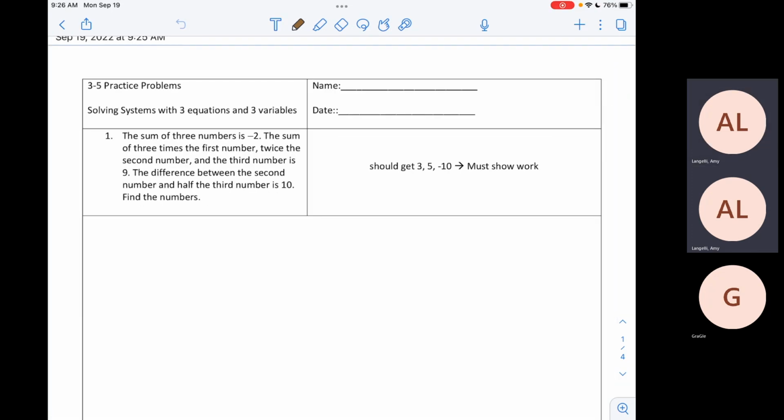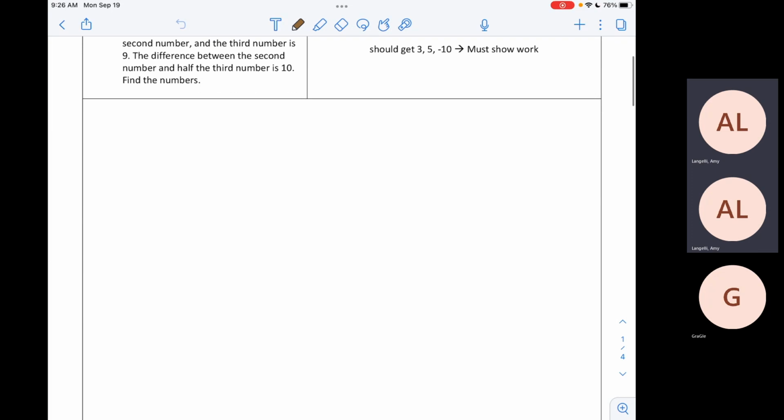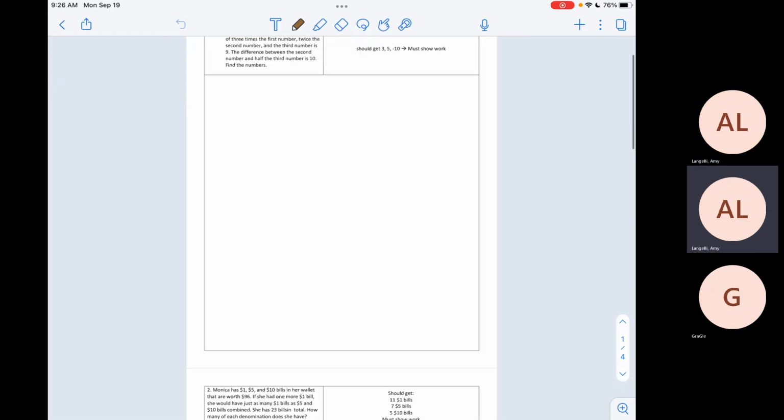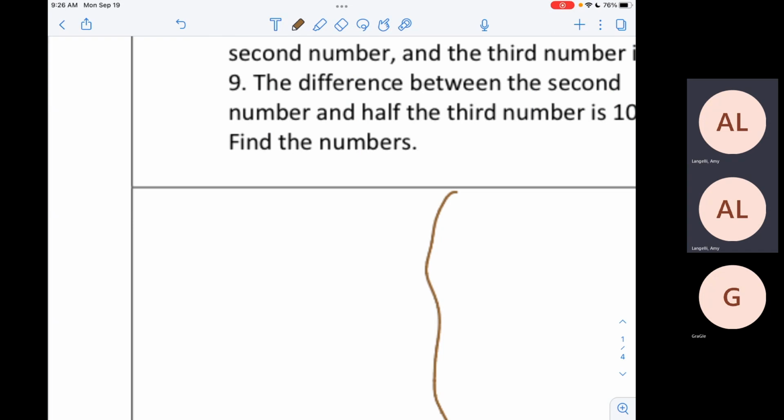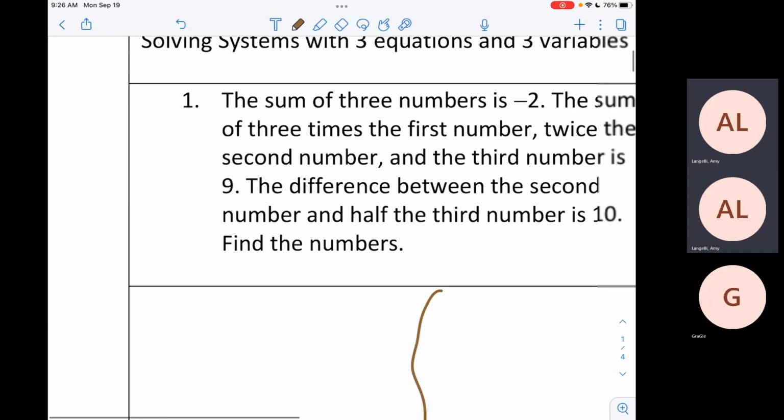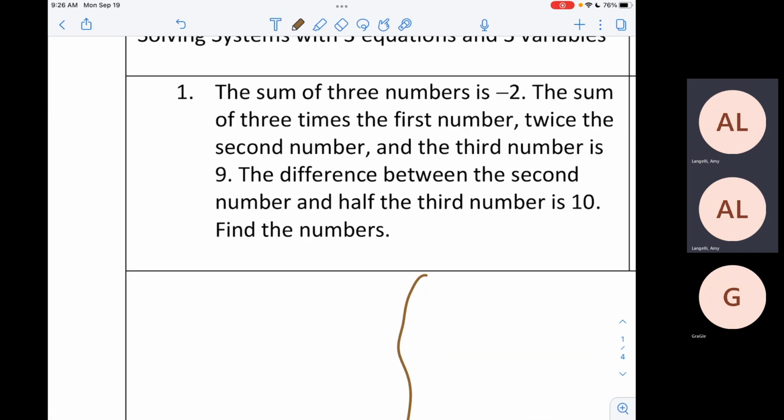Okay, let's draw our 3 columns. Like that. All right. Now, I think that making equations is a weakness. So I put word problems on these so we can practice. Can anybody tell me how to take the sum of 3 numbers is 2 and translate that into a math sentence?